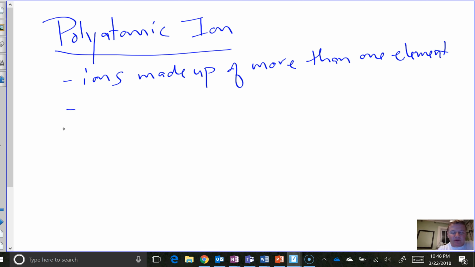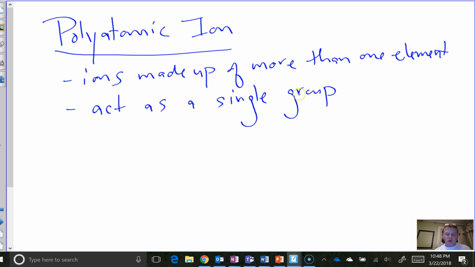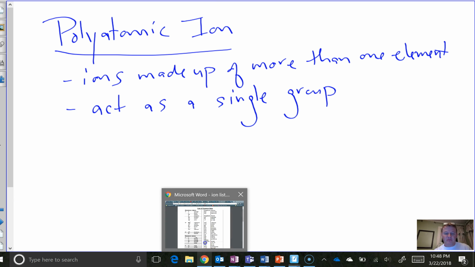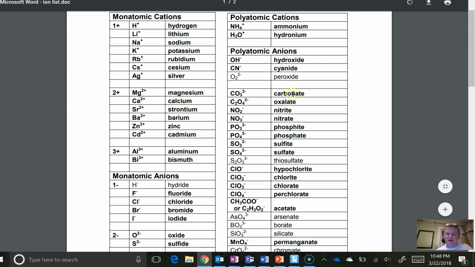What's very, very important to keep in mind with polyatomic ions is that these ions will always act as a single group or a single unit. I want to refer you back to our polyatomic ion list. Notice these ions have more than 1 element already bonded together, but it's not binary.